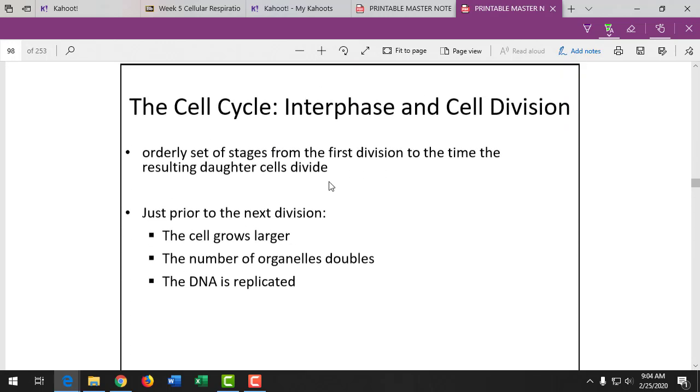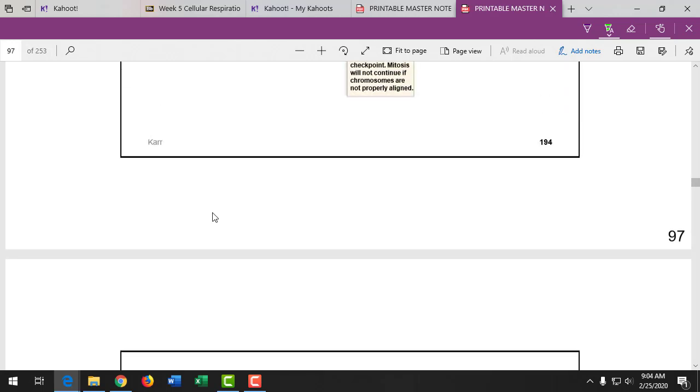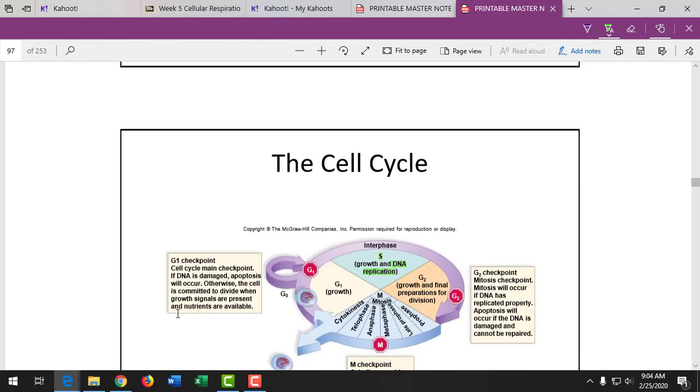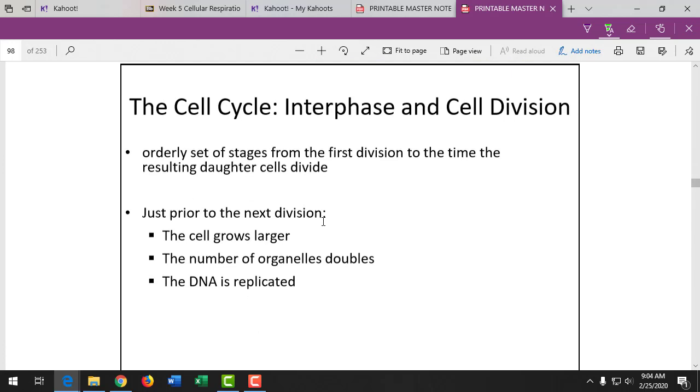So before the next division, during this growth and S phases, the cells are getting bigger, the organelles are doubling, and DNA is replicating, because we need a new set of organelles and DNA for this new cell that's going to form.